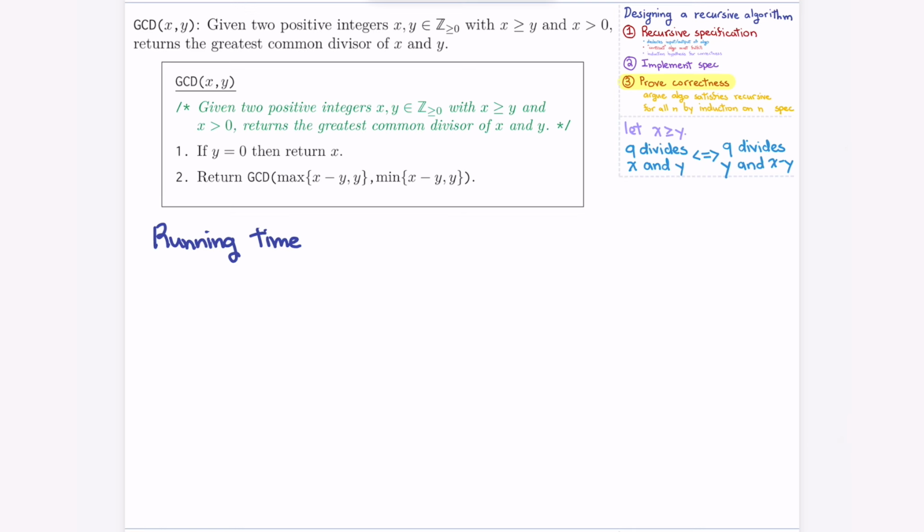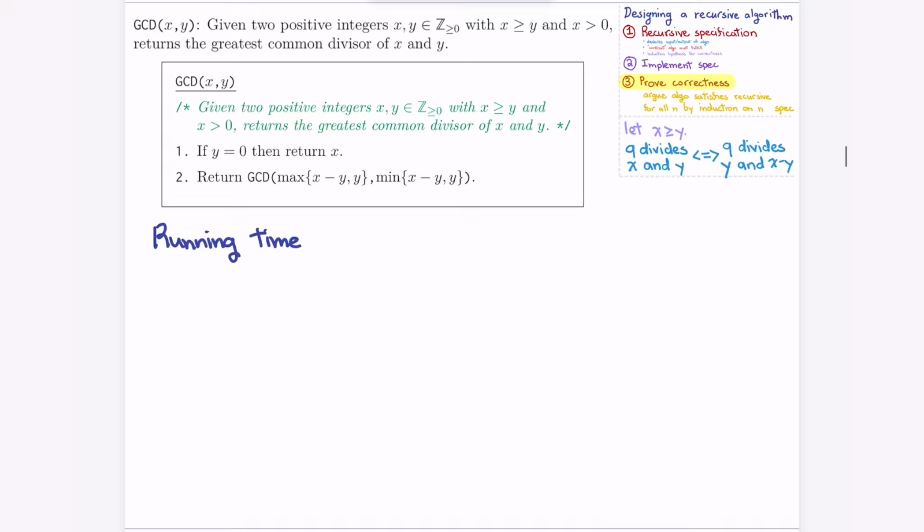What is the running time of our algorithm? Is it x divided by y? What would be the worst case?